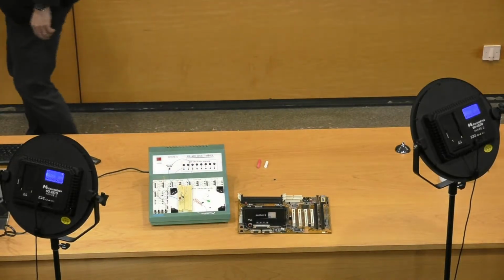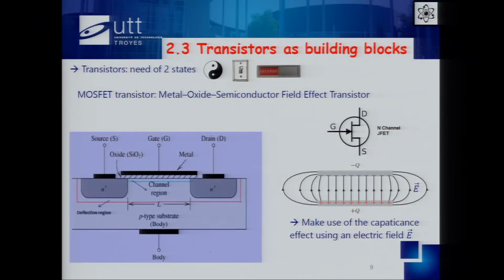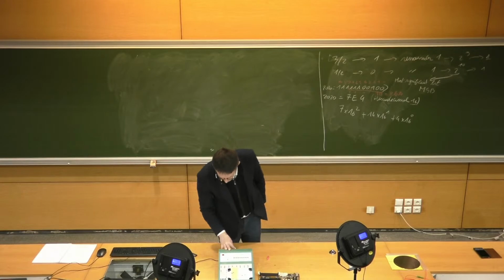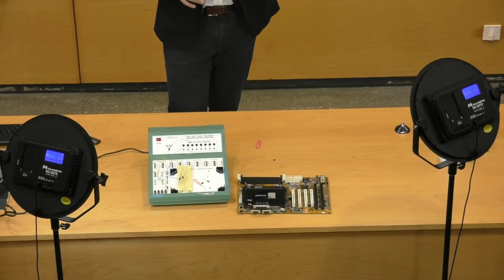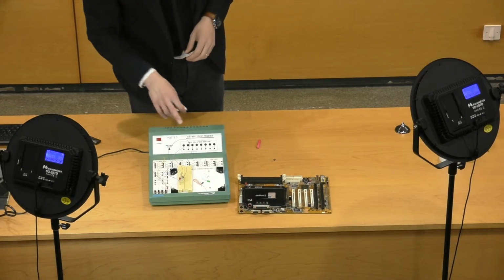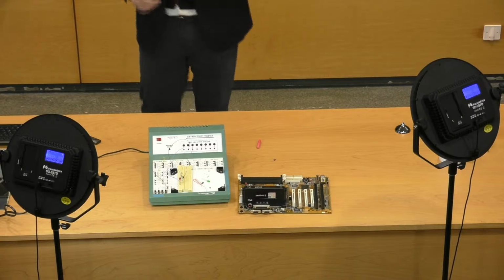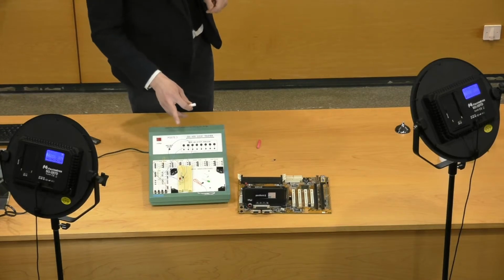I'll show you the electrical connection. I use this logic trainer, which is not used much anymore, but I quite like it. Now I'm going to show you a transistor effect on one transistor, but afterwards I'll show you how with this you can also make various gates like AND, NAND, NOR, and so on. It's pretty cool.